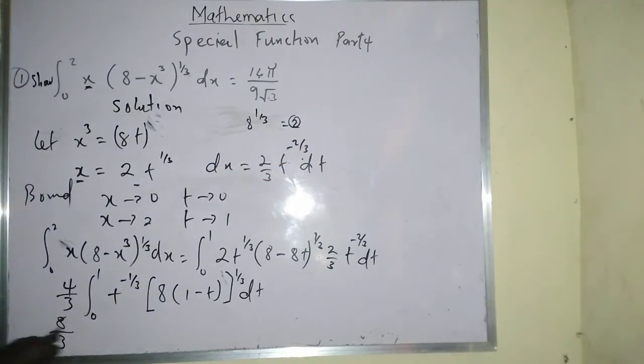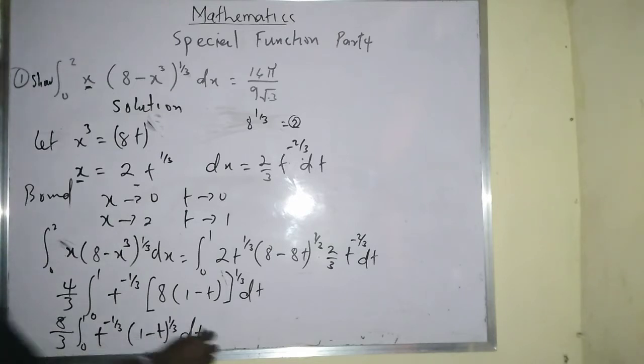Now, I will have integral from 0 to 1 of t raised to power minus 1 over 3 and bracket of 1 minus t, bracket of 1 over 3 dt. Now, I think at this point I am on a plane surface.